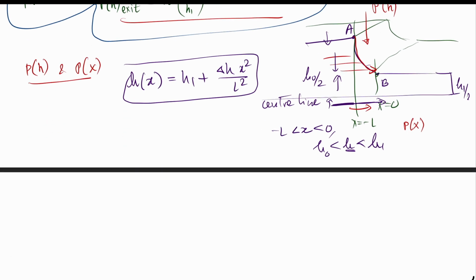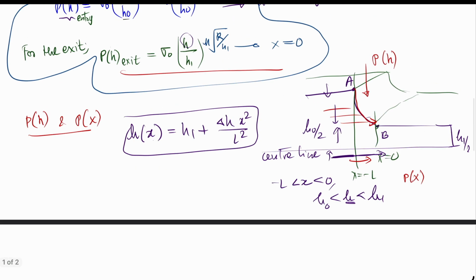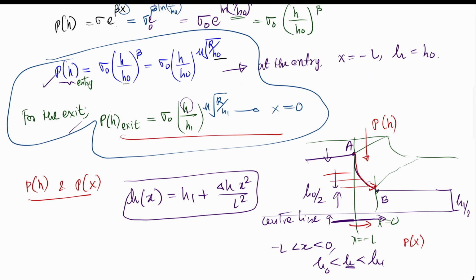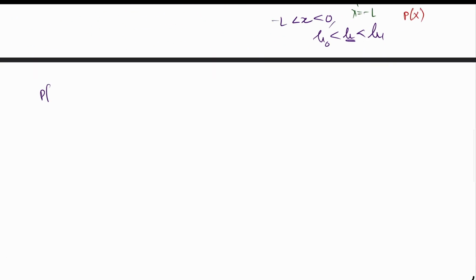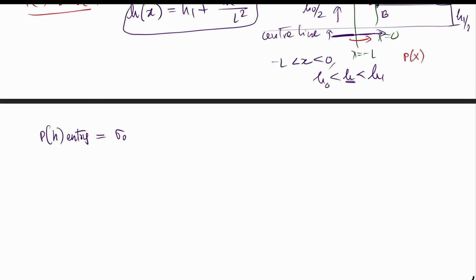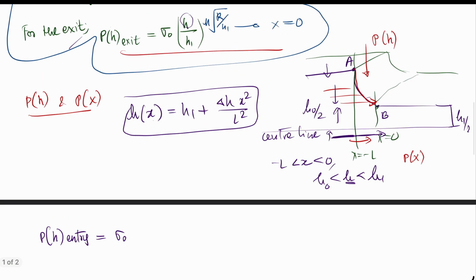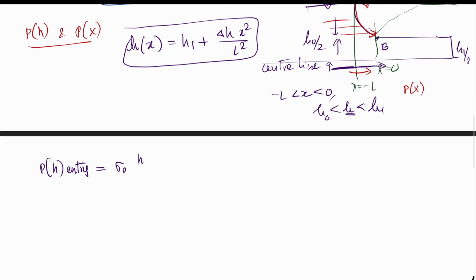by substituting this into equations 1 and 2. Then we are getting p h entry equals sigma, and we are going to substitute h1 plus delta h x squared divided by L squared.